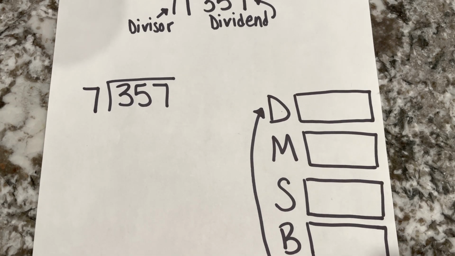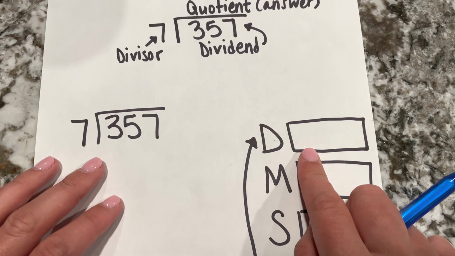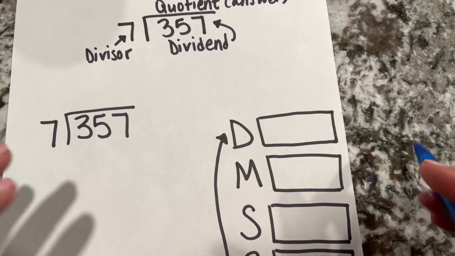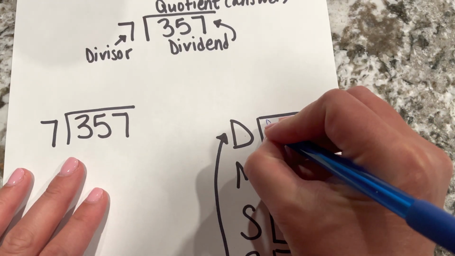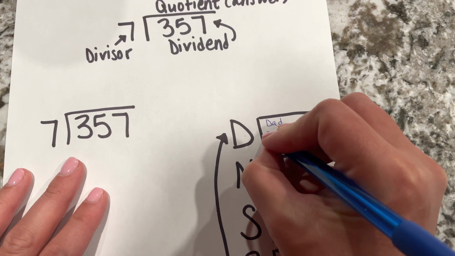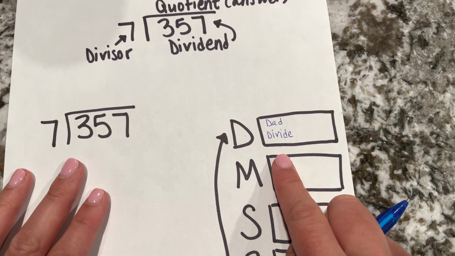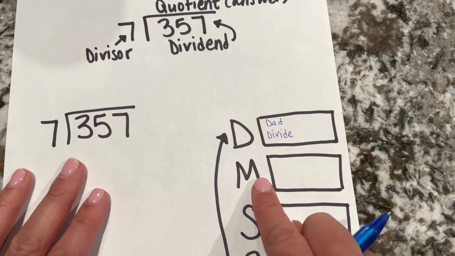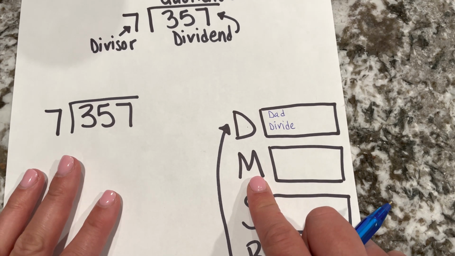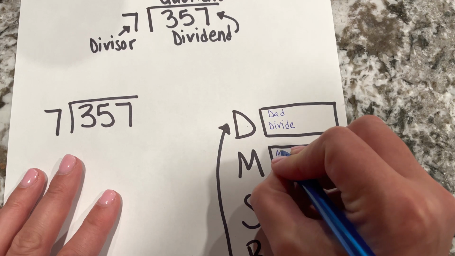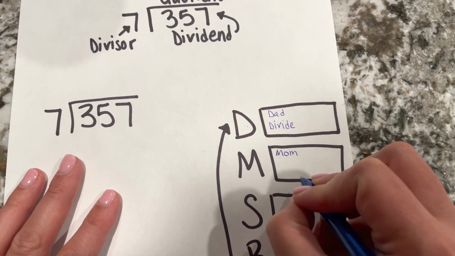So let's talk about that first. In this box, I want you to write Dad, because the D stands for Dad, but it also means divide. So you should be writing what I'm writing, Dad and then divide. The M stands for what? It stands for Mom. And what operation?